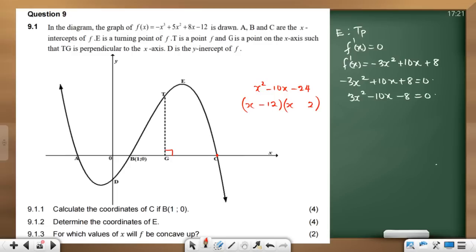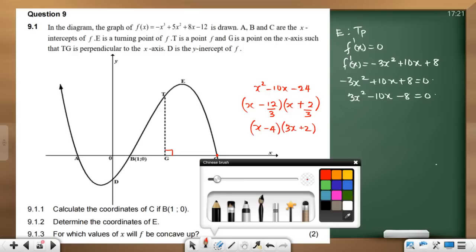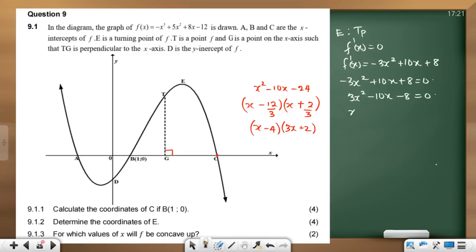Minus there, because 2 minus 12 will give me negative 10. But I multiplied by 3, so I'm going to divide by what? 3. This must be a whole number. But I see 2 over 3 will not give me a whole number. I'm going to take that 3 here. Done. Then I'll bring it here. x minus 4, 3x plus 2. So it's either x equals 4 or negative 2 over 3.